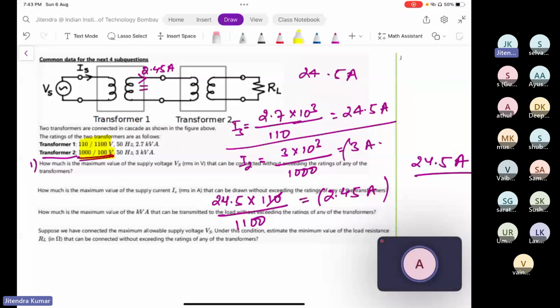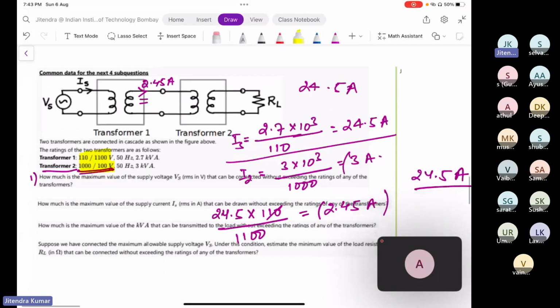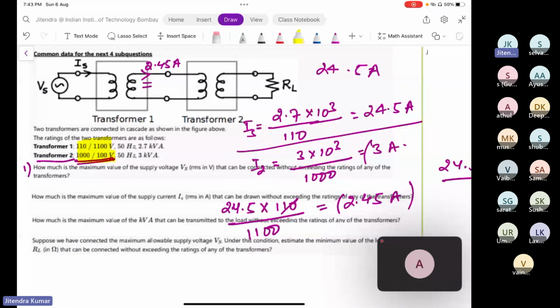So the rating in terms of current, if we have transformer one with a 110 rated value, now if you reduce the magnitude of the voltage lesser than 110, then your source current will keep increasing, right?